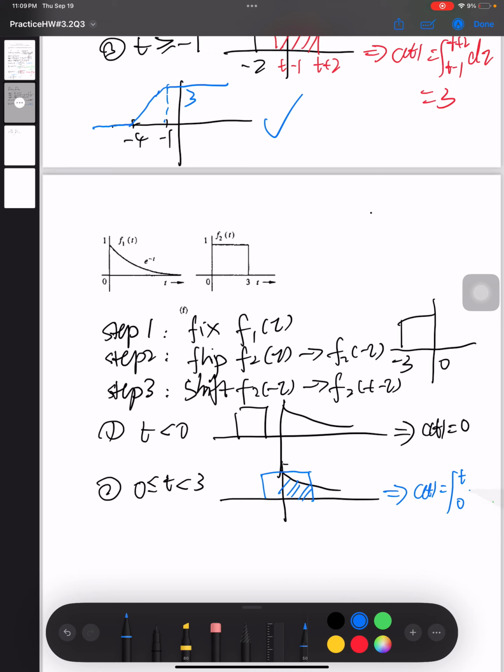And since this is e to the minus (t minus tau), we just directly integrate. So it's going to be 1 minus e to the minus t.